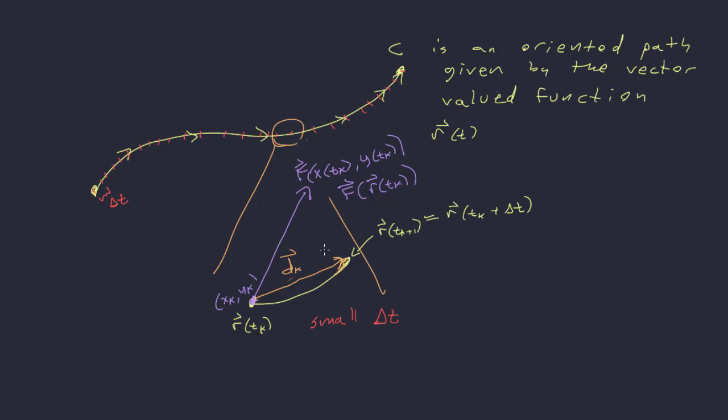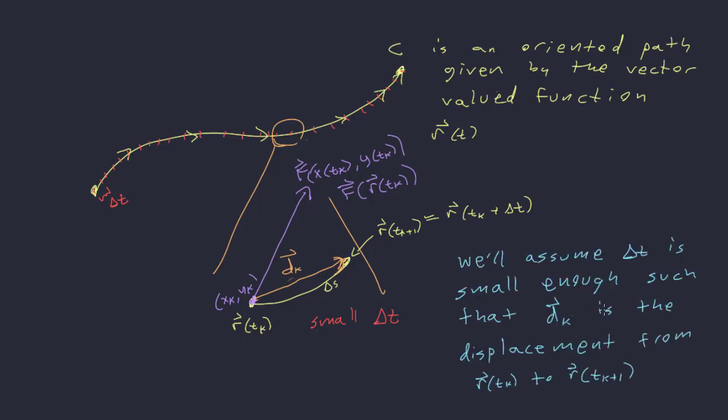What we're going to do here is assume that this is small enough that this d is approximately the full distance traveled for this particular arc length. So if this is, say, delta s, we're going to assume that this little vector I just created is a displacement from t sub k to t sub k plus 1.